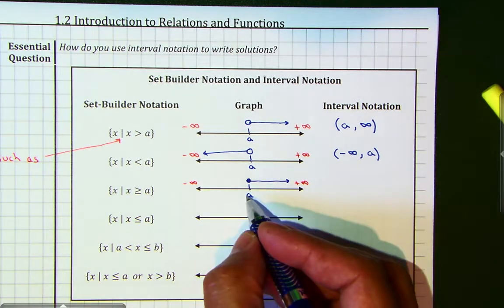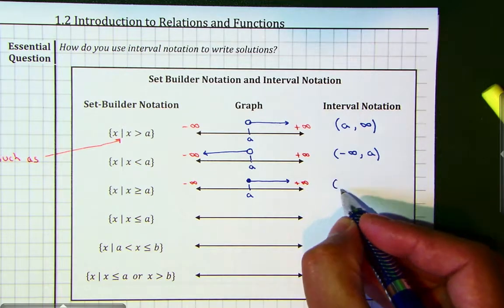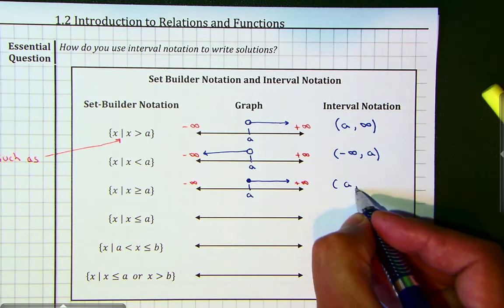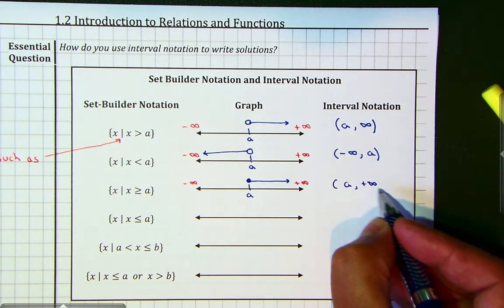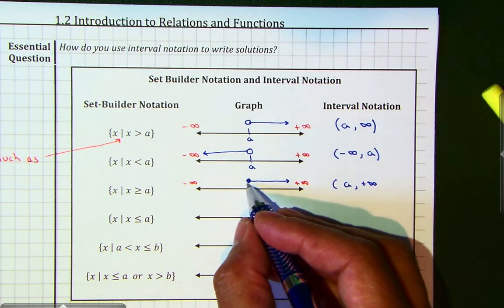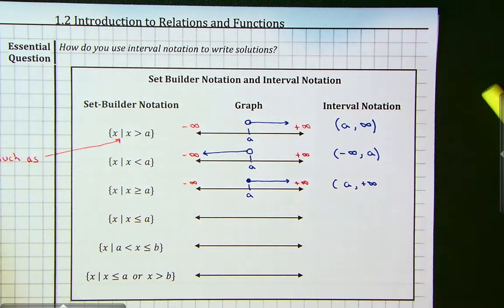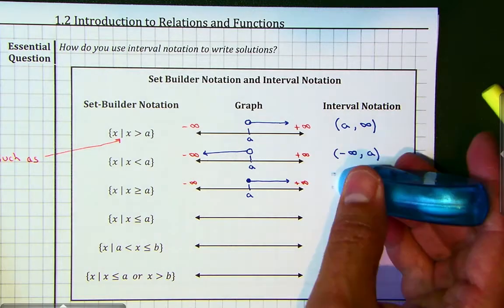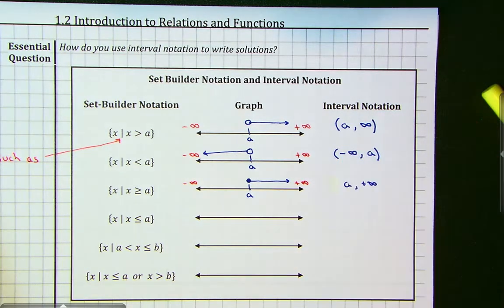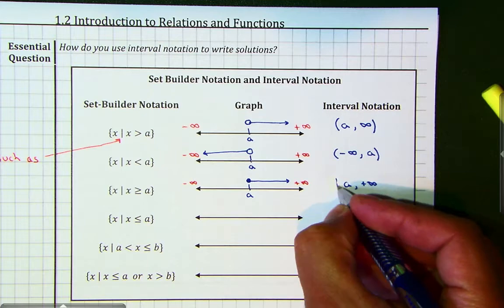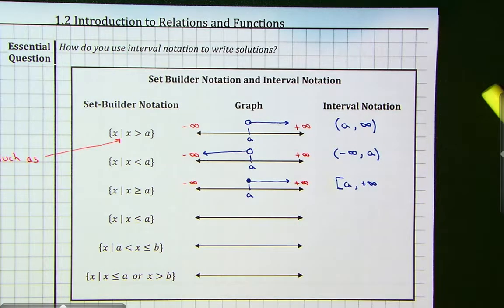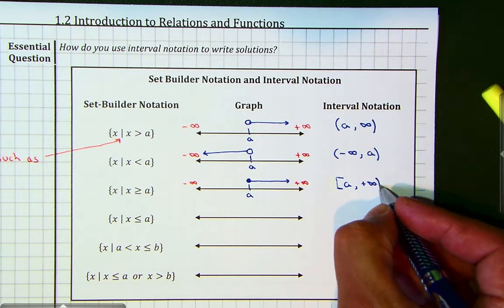It'll be from A all the way to positive infinity. Now, in this case, we are including the value of A, so we cannot place a parenthesis, we need to place a bracket. Whenever it includes the value, we are going to place a bracket on the A. We never reach infinity, so infinity always gets a parenthesis.